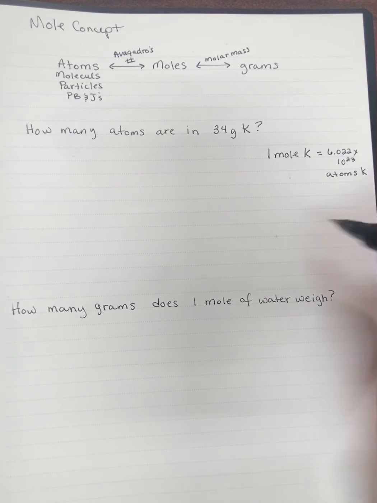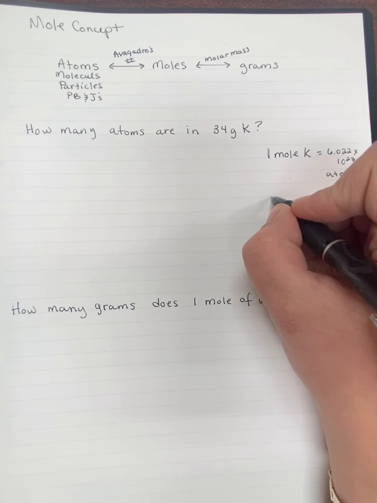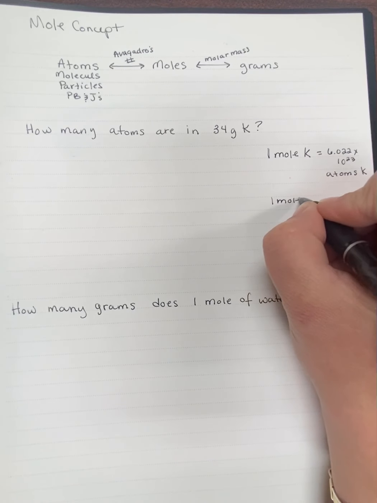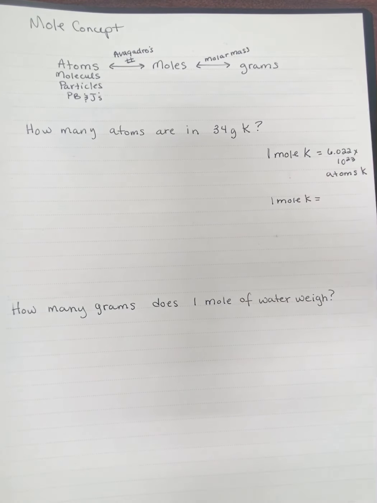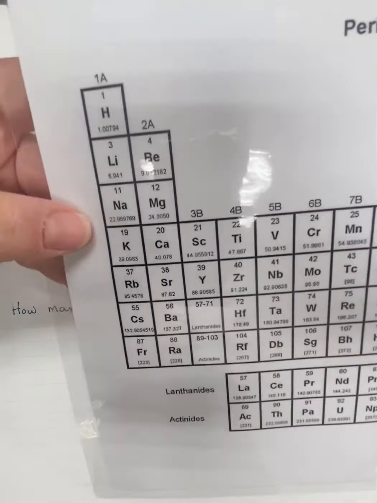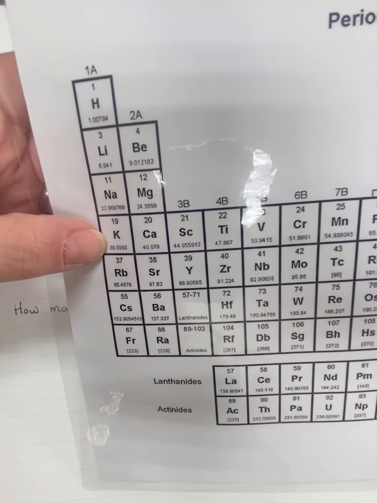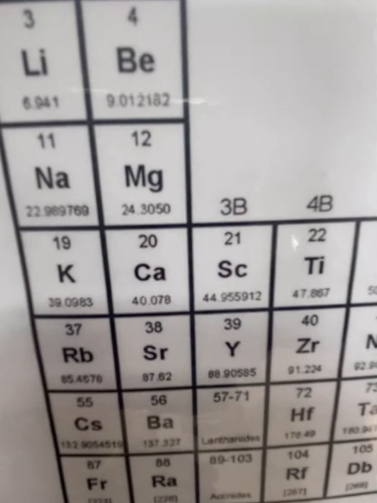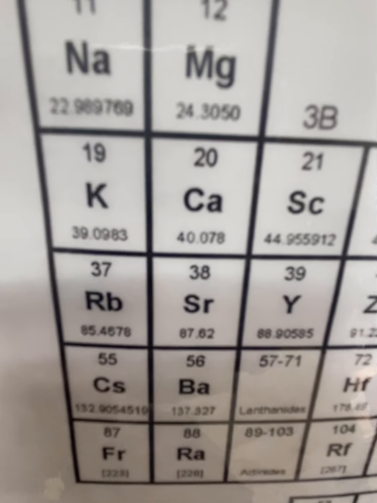And then the other thing we need to know is how much 1 mole of potassium weighs. And we get that from the periodic table. So I'm going to show you my periodic table. It's got a big glare on it, okay? But we look at the bottom of the box on the periodic table, and there's potassium. It's K. It's weird.